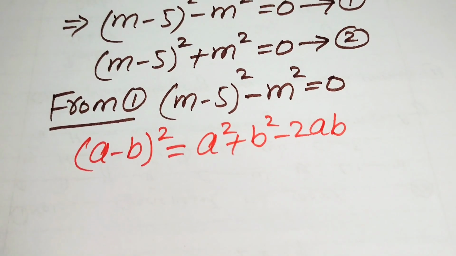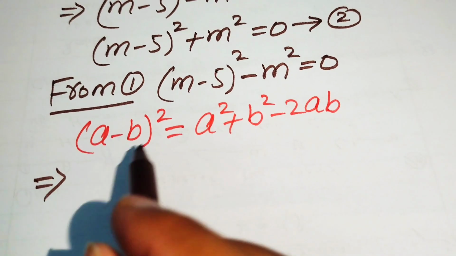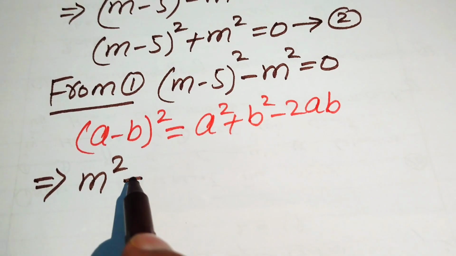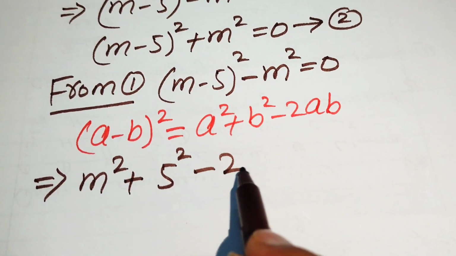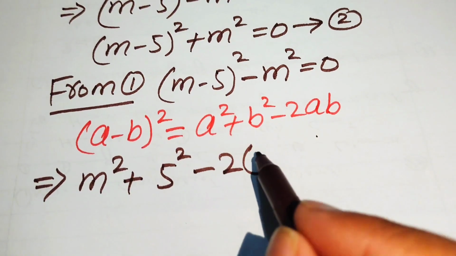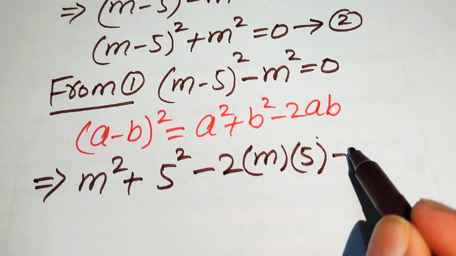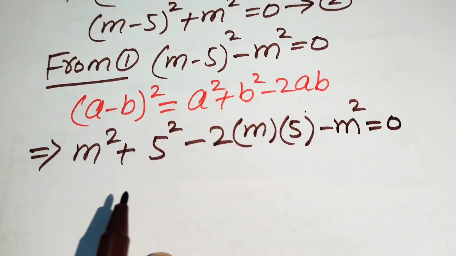Now we use another nice square identity on the first term: (a - b)^2 = a^2 + b^2 - 2ab. So the first term is m^2 + 5^2 - 2 times a b, where our a is m and b is 5, and this is minus m^2, and this whole equation equals 0.